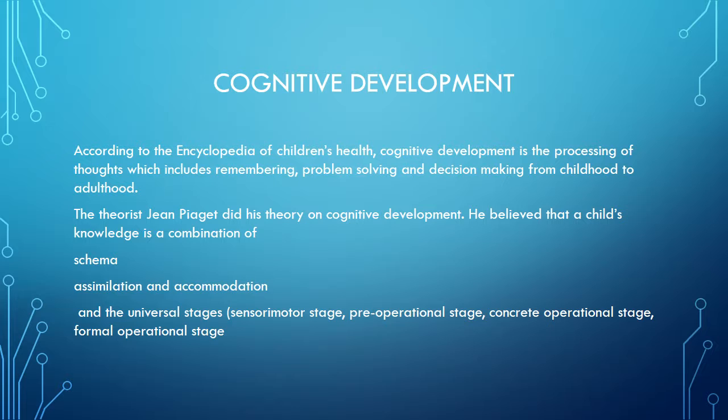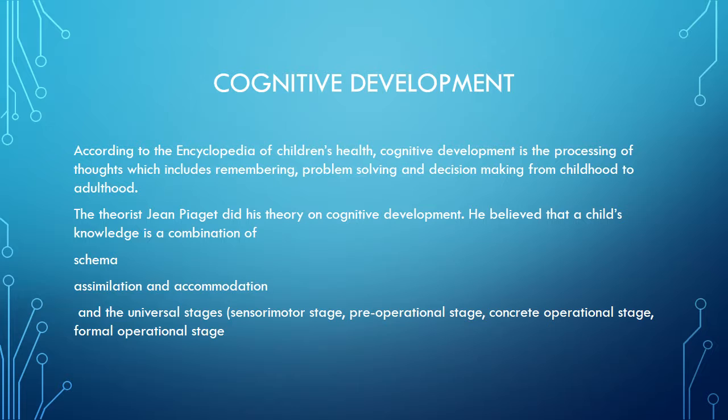According to the Encyclopedia of Children's Health, cognitive development is the processing of thoughts which includes remembering, problem solving, and decision making from childhood to adulthood. The theorist Jean Piaget did his theory on cognitive development. He believed that a child's knowledge is a combination of schema, assimilation and accommodation, and the universal stages: sensorimotor stage, pre-operational stage, concrete operational stage, and formal operational stage.